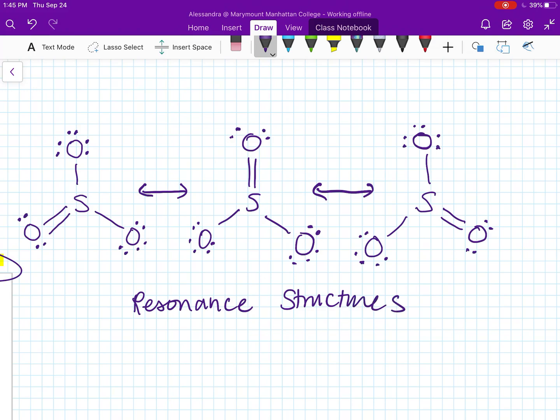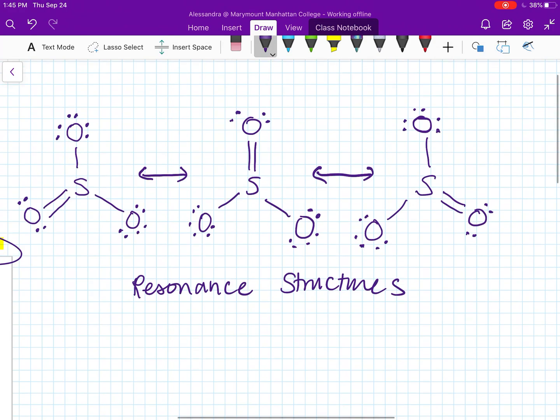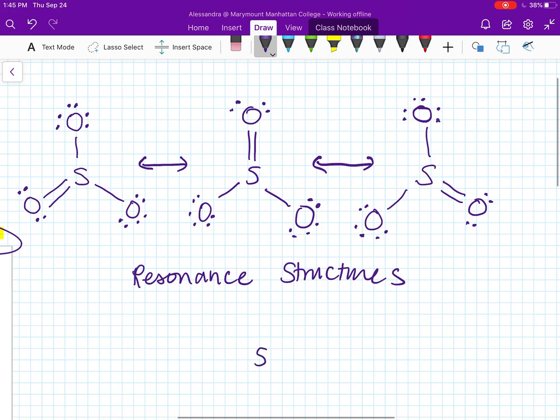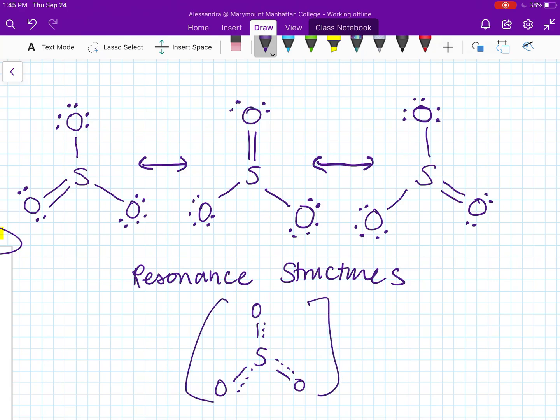So resonance structures are different structures that contribute to the truth of a molecule. Now, the truth is that none of these structures by itself is the real structure of SO3. The real structure of SO3 lies somewhere in between. I could draw it maybe as a hybrid structure where that double bond is actually equally distributed among all of the sulfur-oxygen bonds.